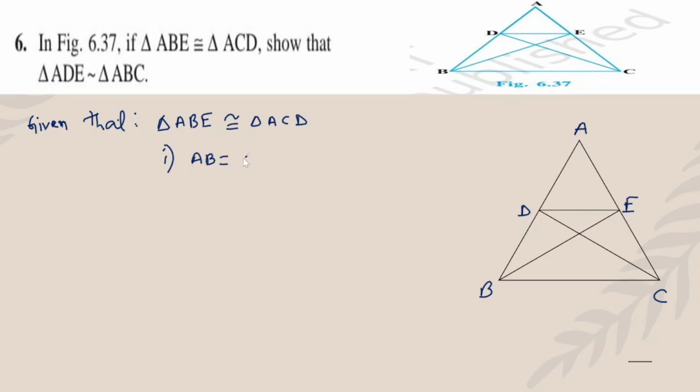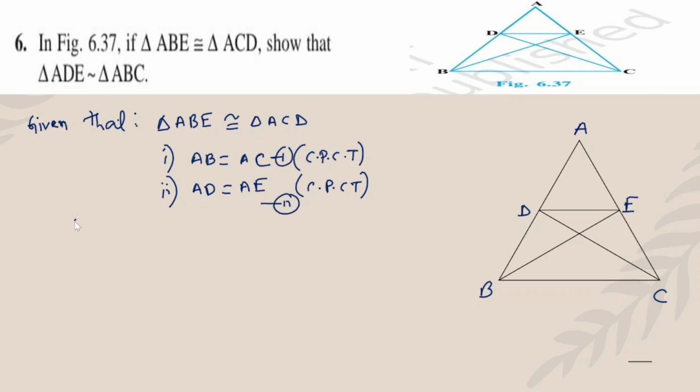Next, AD equals AE, also by CPCT. So this is equation number 1 and this is equation number 2.